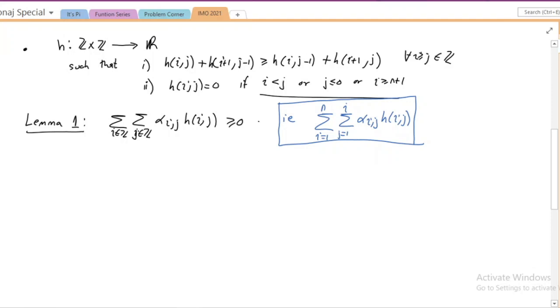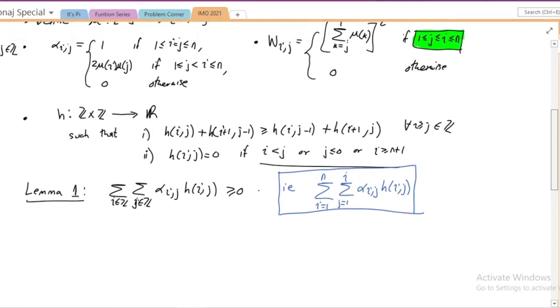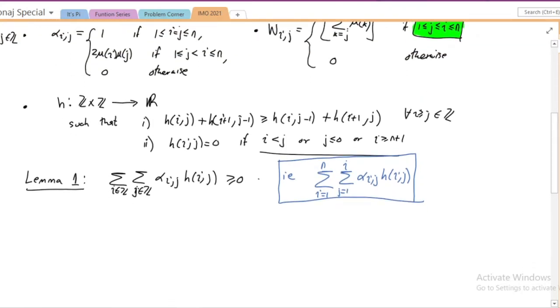These are finite sums, because lots of the alphas and lots of the h are 0 outside the range. So we actually have at most n squared terms here. Okay, so let's get into proving this. Once we've proved this lemma, we'll apply it to a general class of functions that will lead us to our solution. So we'll prove this first.